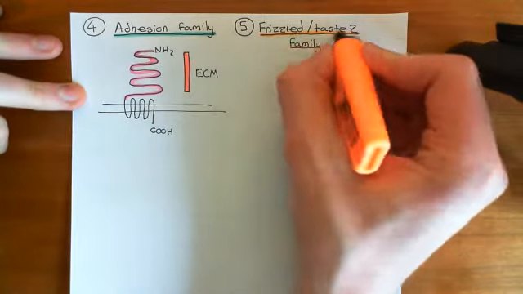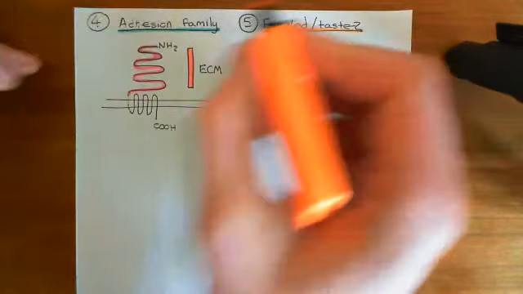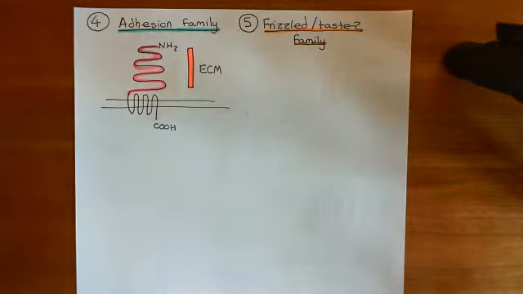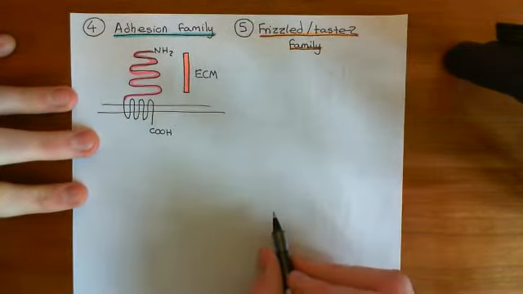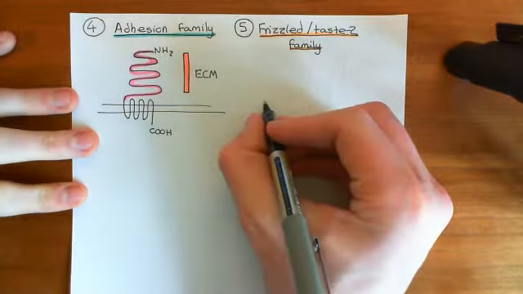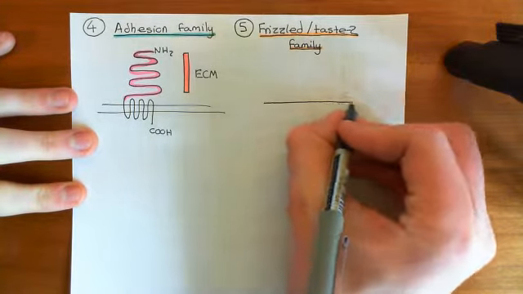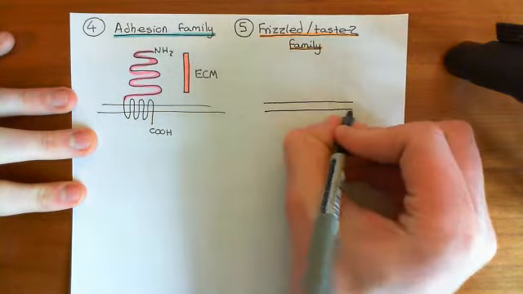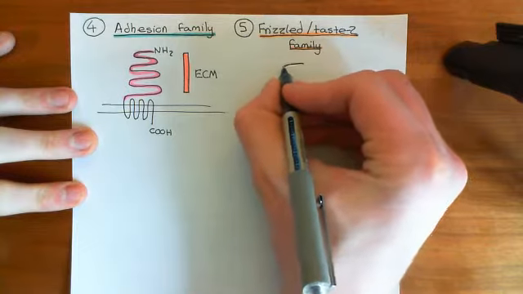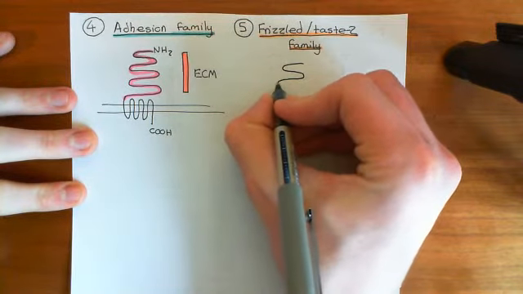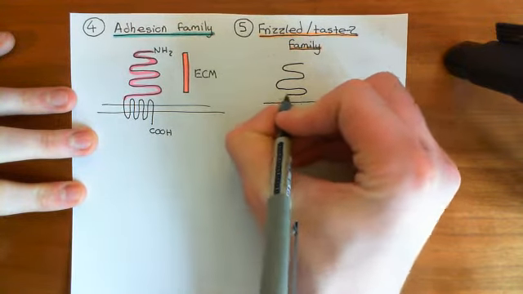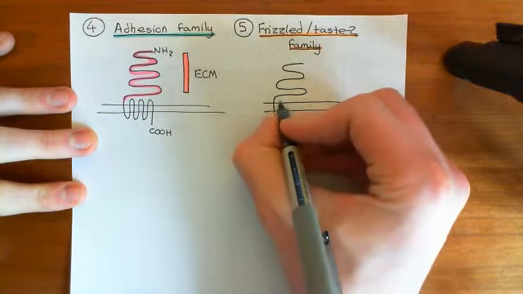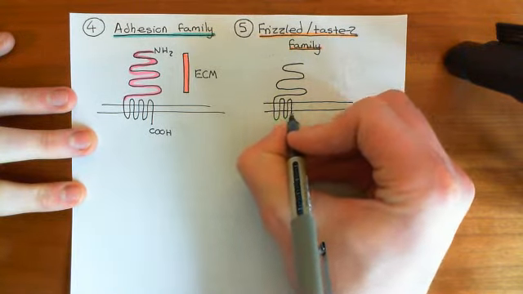Right. So it's fair to say that everything that comes into this family is just everything that doesn't fit into any other family, basically. So this family of G-protein coupled receptors, they have a more normal type of ligand than the adhesion family G-protein coupled receptors, and they bind to their ligand using their amino terminal domain.